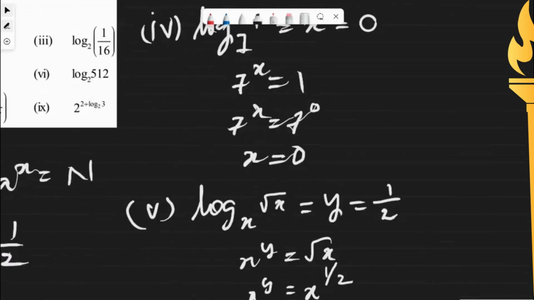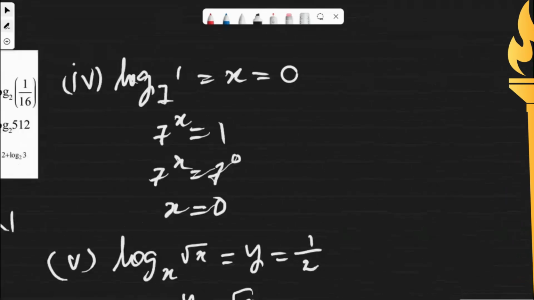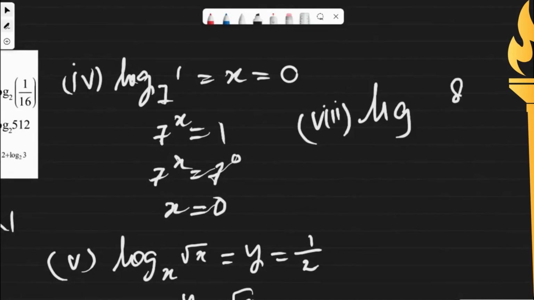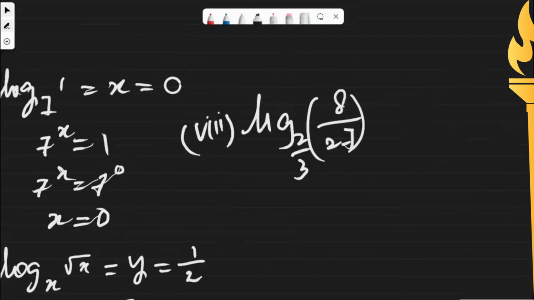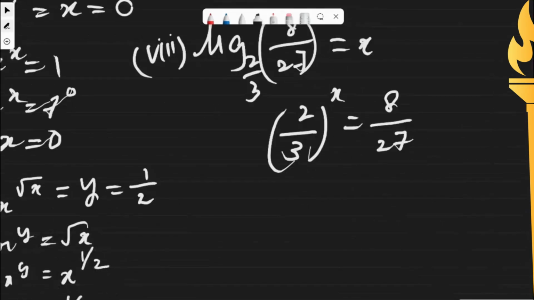Next we have eighth one. What is the eighth one? Log 8 by 27 base 2 by 3. So let it be equal to x. So 2 by 3 whole power x equal to 8 by 27. 8 can be written as 2 cube and 27 can be written as 3 cube.